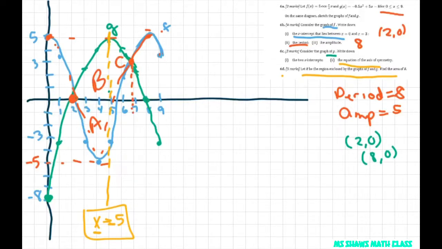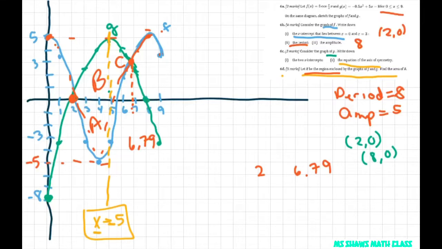So you're going to use your graphing display calculator and calculate this intersection here on your graphs. And this is going to be 6.79. So our limits are going to be from 2 to 6.79 on our integrals.